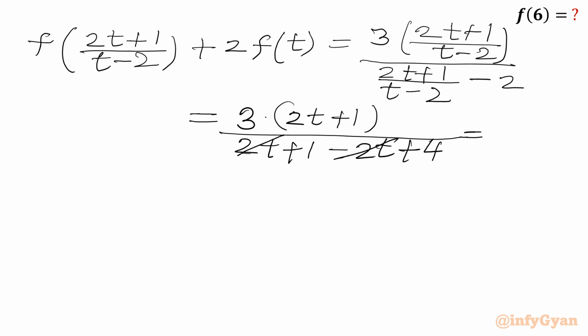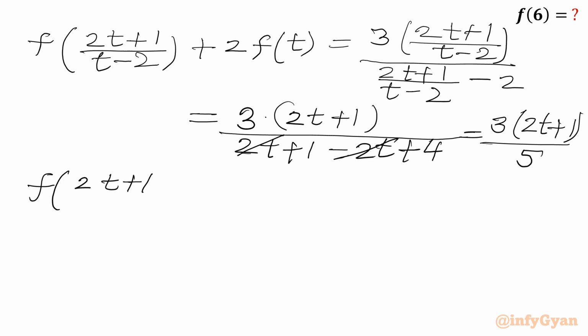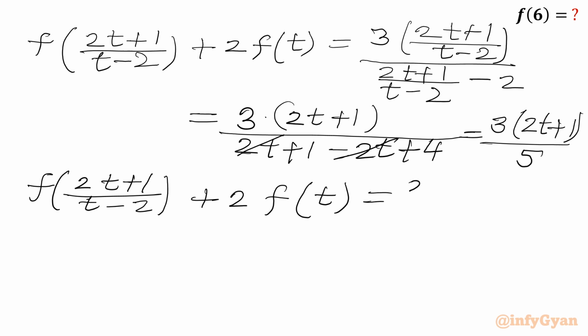We can write equal to 3 times (2t plus 1) over 5. Now I will write f of (2t plus 1) over (t minus 2) plus 2 times f of t. This is equal to 3 times (2t plus 1) divided by 5.